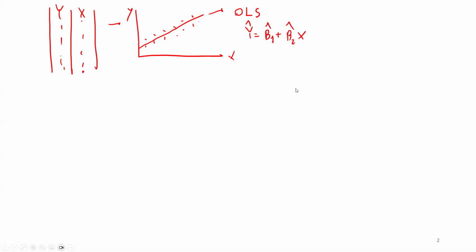Okay, and then we know from the Gauss-Markov theorem, they have 6 rules. First, model is correct.